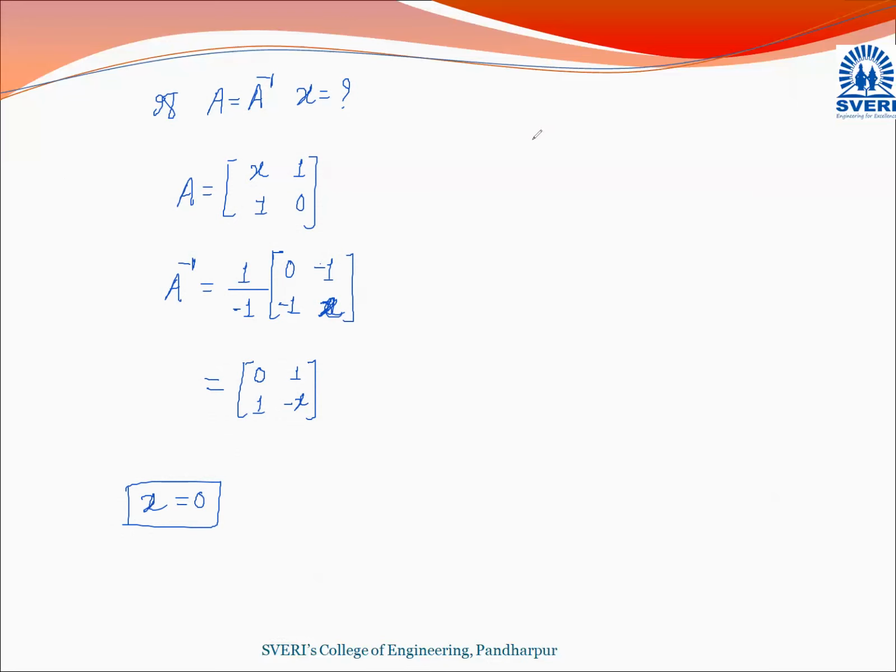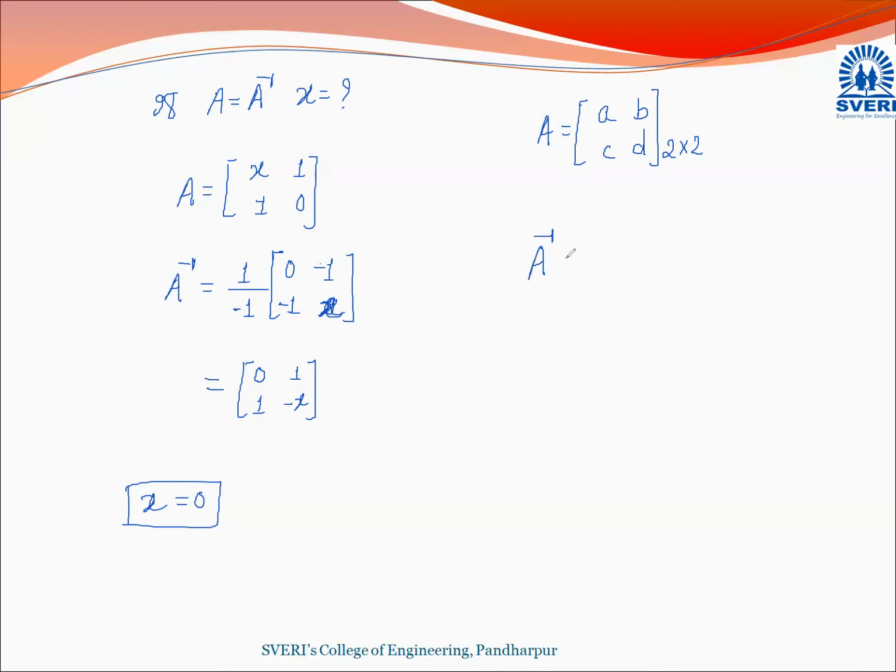The next method, if we have matrix A with the elements a, b, c, d, it is a 2 by 2 matrix. 2 by 2 matrix is given.